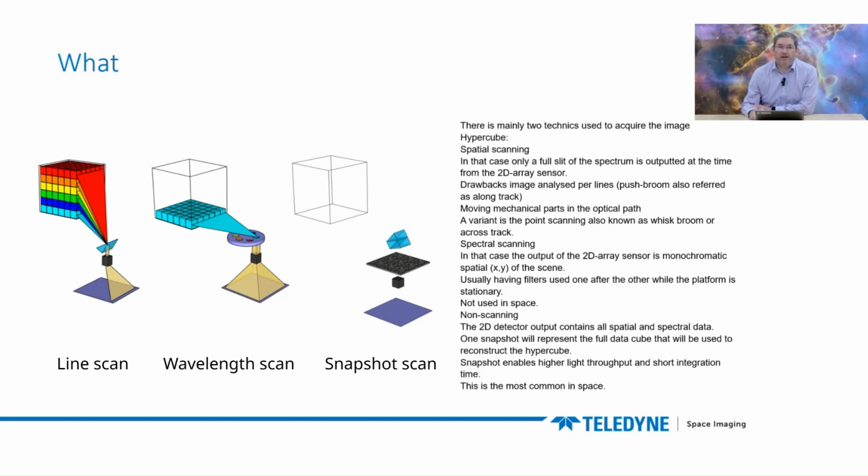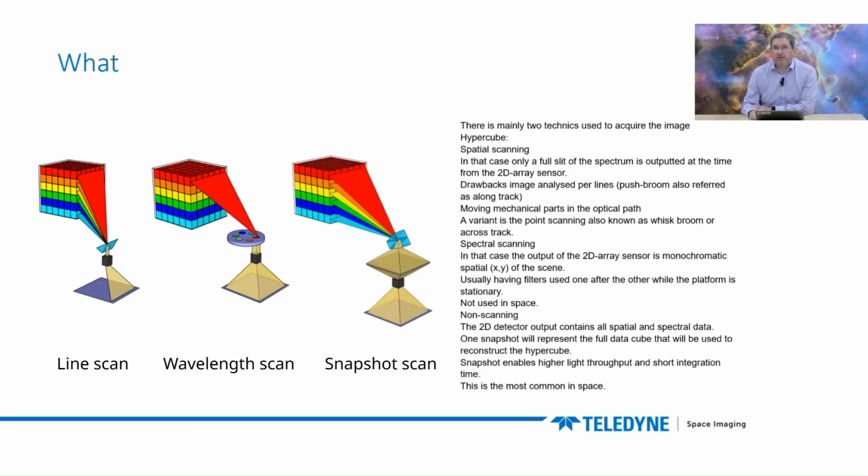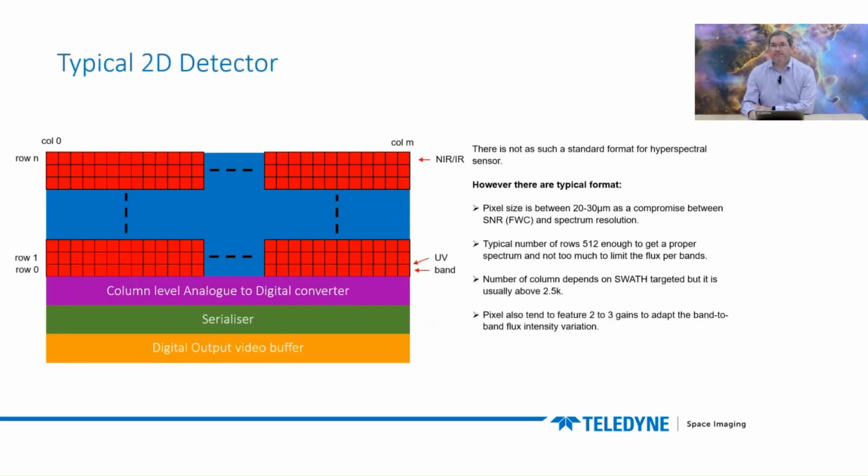The other technique is a wavelength scan based on a color filter wheel that will output each wavelength at a time, building the hypercube row by row. The last approach is called a snapshot scan, where the hypercube is generated in one image. Typically, a 2D array detector is used.